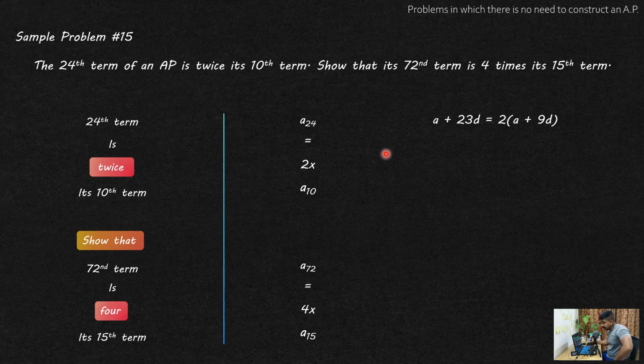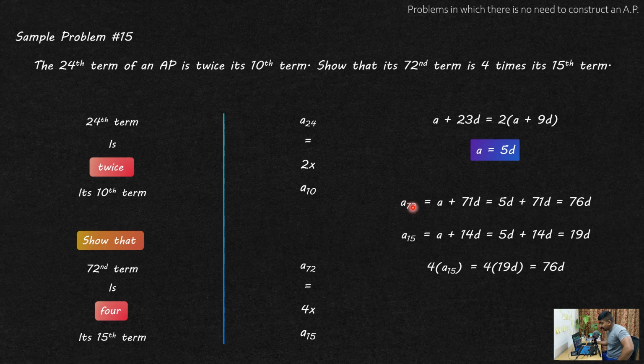Now from this piece of information you can write A plus 23D equals twice A plus 9D. From here we have the equation A equals 5D. Now A72 is equal to 76D. How?